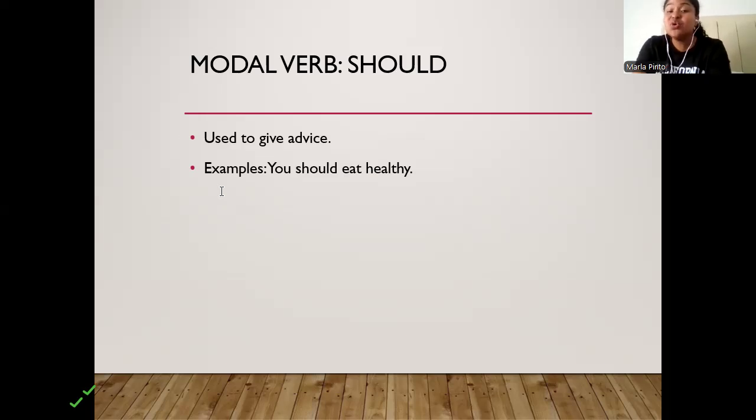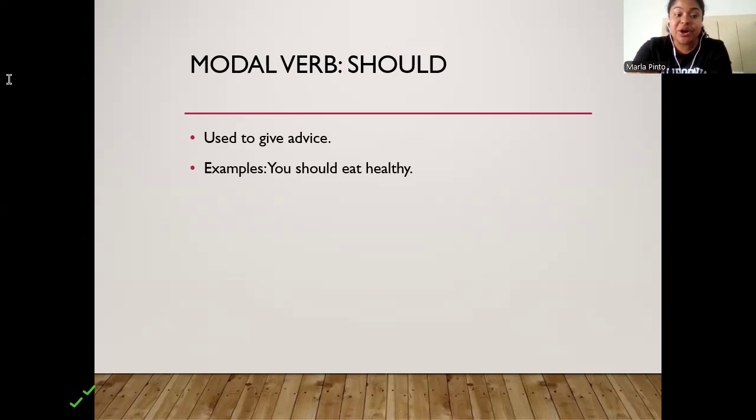In this way, what does it mean? You are giving advice, right? It's not just like, hey, you have to make your bed, or hey, you have to do your homework.